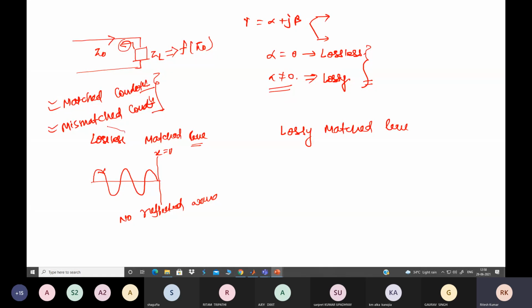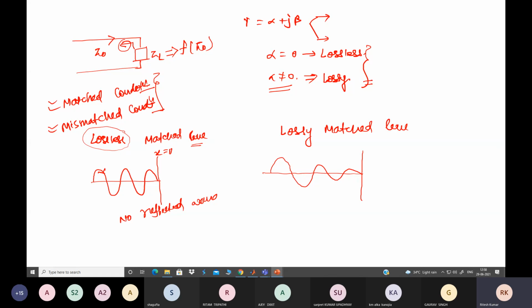This represents that there is no loss, means lossless. In case of lossy, the signal amplitude will decay exponentially due to the term e to the power minus alpha z. So we can have a situation like this. This is the situation of lossy matched line.